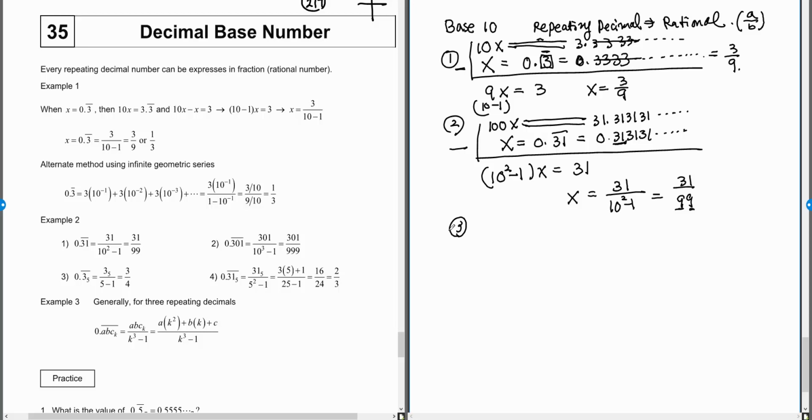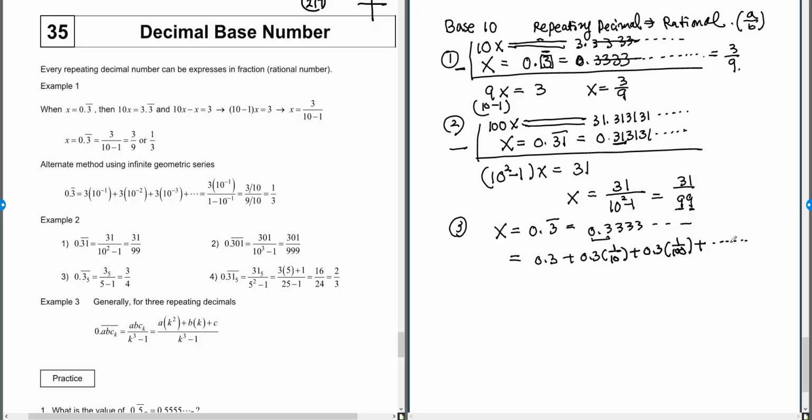The next one. Sometimes we can find the value of x, the repeating decimal, using a geometric series. You can see that 0.3333 is actually 0.33333. Maybe you can separate it. The first number is 0.3. The second number is 0.3 times 1 over 10, isn't it? The next is 0.3 times 1 over 100.